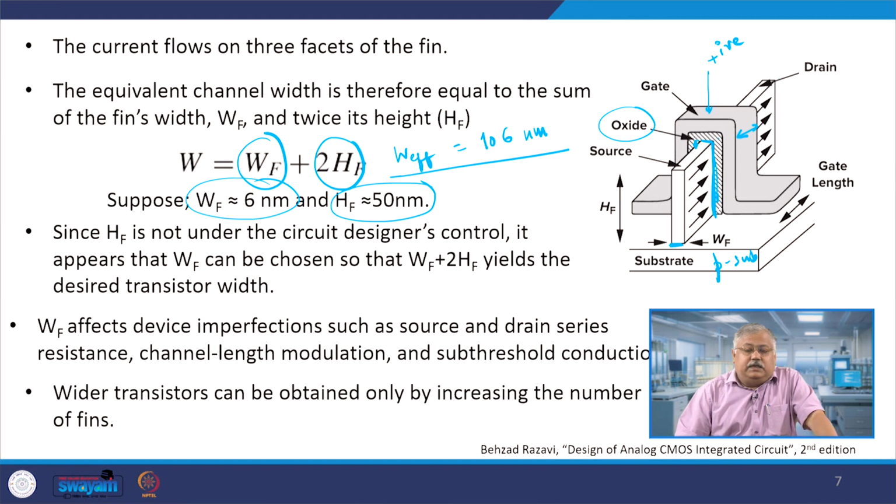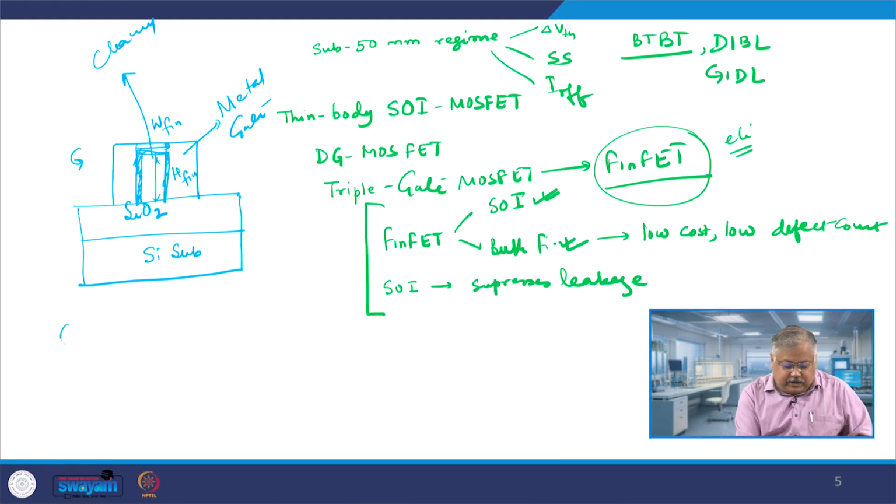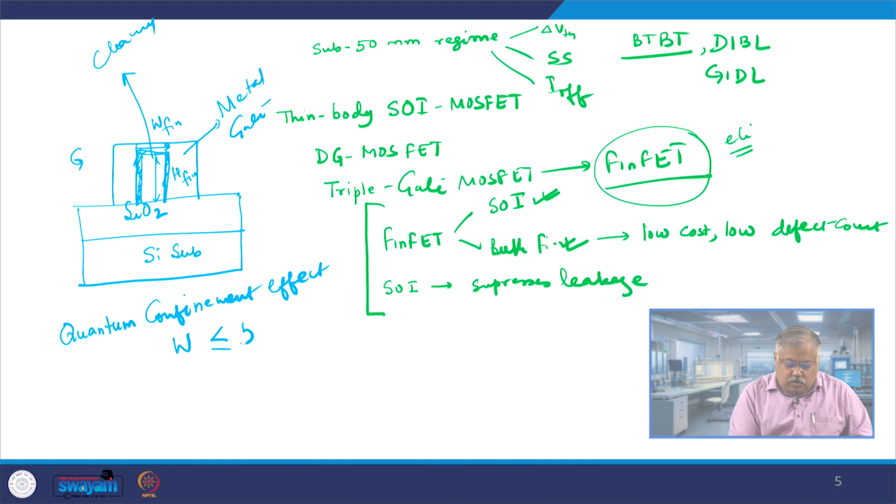However, please understand that when the width falls below approximately 5 nanometer, quantum confinement effects come into picture. So, you will have quantum confinement effects when your W goes below 5 nanometer.